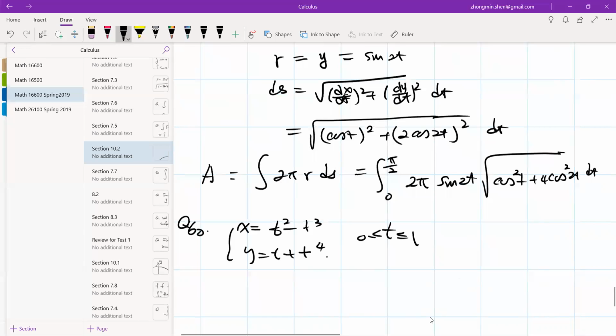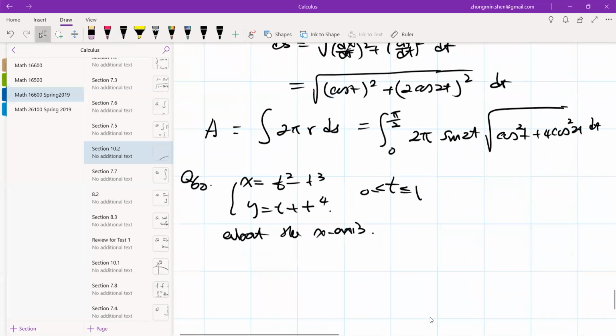Okay, so this is a rotation about the x-axis. Set up an integral for this.